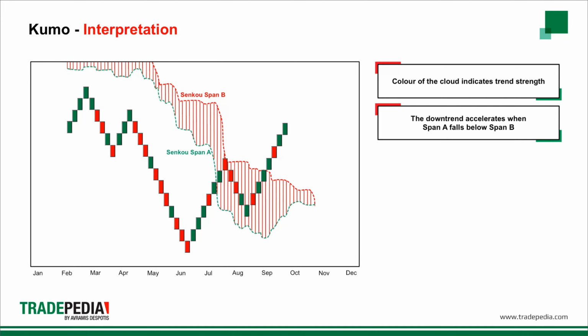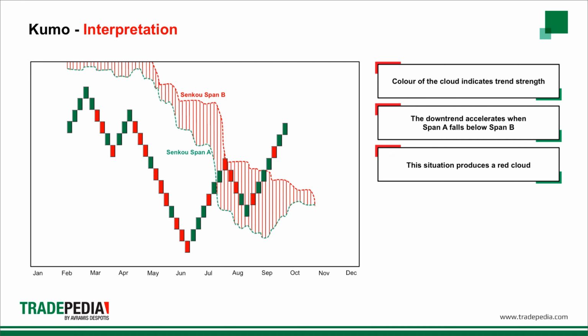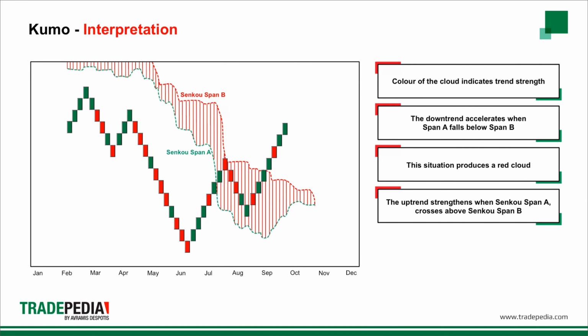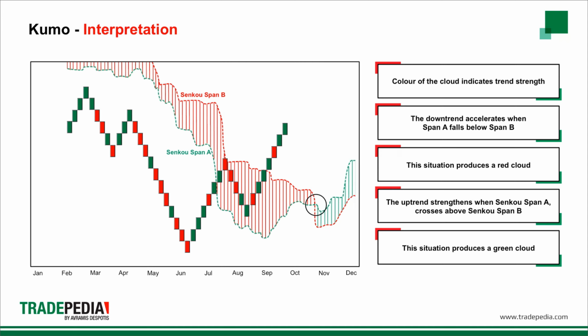You can see over here, when the uptrend strengthens, there's a crossover, and this in turn produces a green cloud. Because the cloud is shifted forward 26 days, it also provides a glimpse of the future support and resistance. They don't identify a specific level, but rather this area that we have.